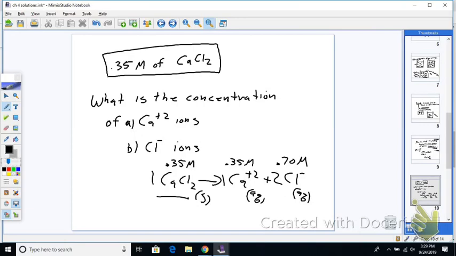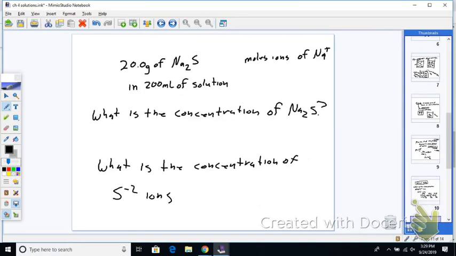Last one is like doing those 2 steps all at once. Okay? So I'm going to give you the molar mass of Na2S. And before you go, I'd like you to figure out those 2 answers, for the Na2S and the S2-.